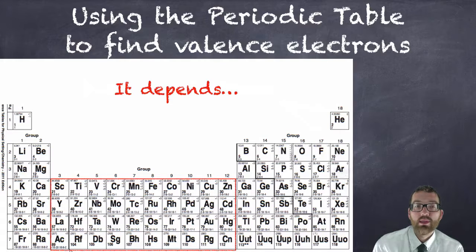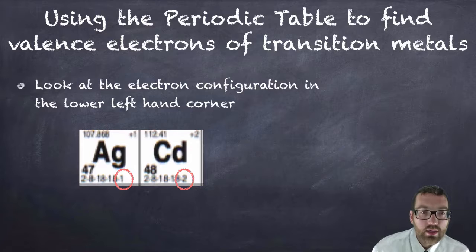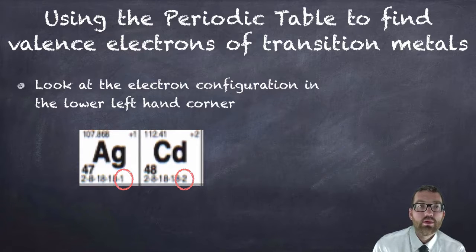Okay, you notice I skipped the transition metals, 3 through 12. How many do they have? Well, it depends. Some of them have 1, some of them have 2, some of them might have a different number. The way you're going to tell is not from the position number, and you don't need to do an orbital diagram, though you could if you want. You can tell by looking in the lower left-hand corner of the element's box on the table, where you see a series of numbers: 2, 8, 18, 18, 1 for silver.